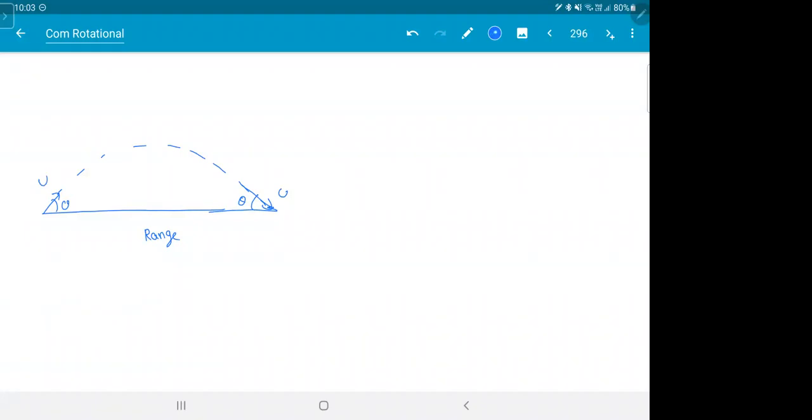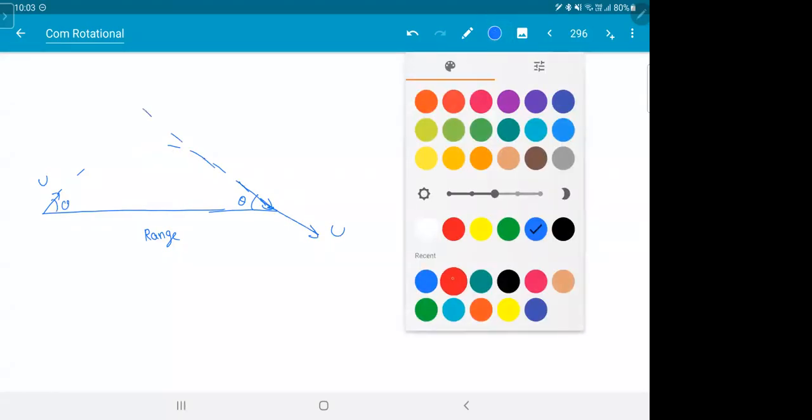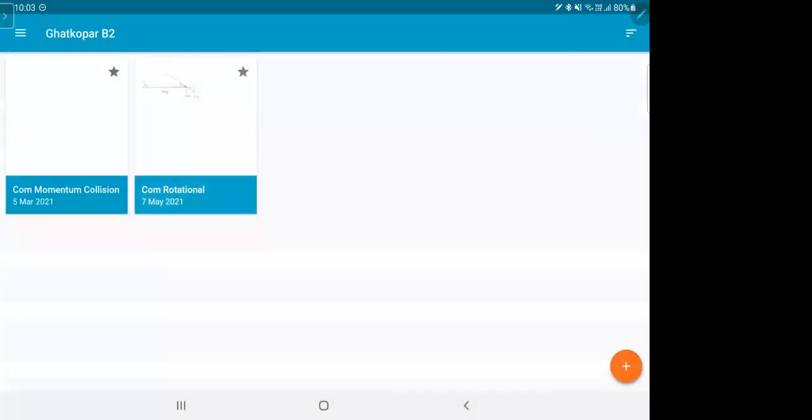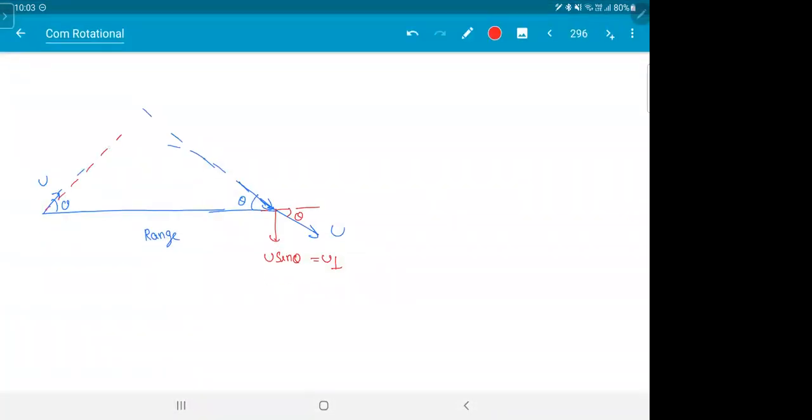Now, there are two ways you can do. See, velocity u is there: either extend the vector, drop a perpendicular, or divide velocity into components. You can do either way. So this is theta. So this would be u sine theta. So this is your u perpendicular, or you don't want that. Extend the vector, drop it. This is your r perpendicular, which is nothing but range sine theta.